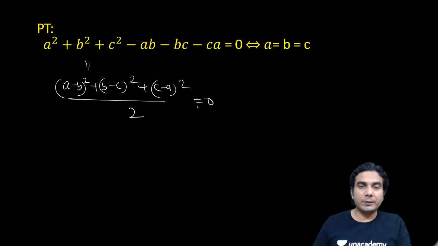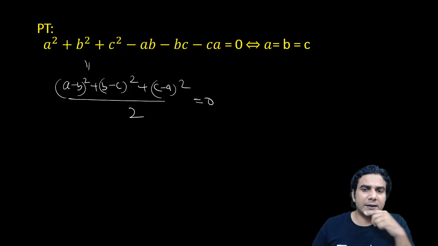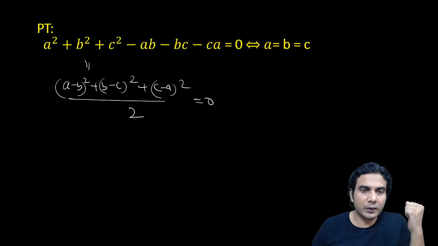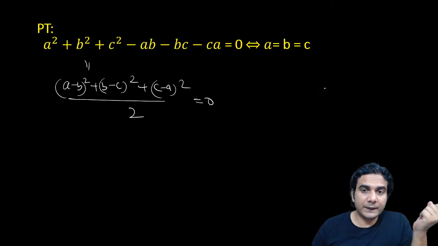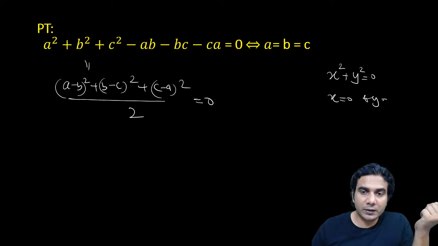So the sum of three numbers is 0. When is this possible? This is possible when the individual numbers are 0, right? I have told this in the previous session also, that if x square plus y square is equal to 0 and x and y are real numbers, then certainly x must be 0 and y must be 0.